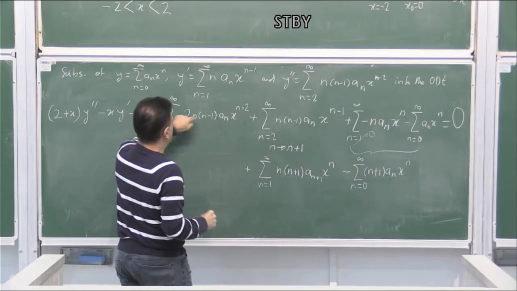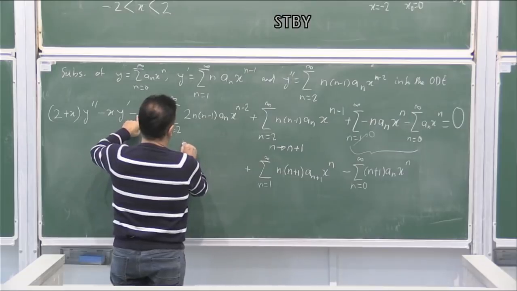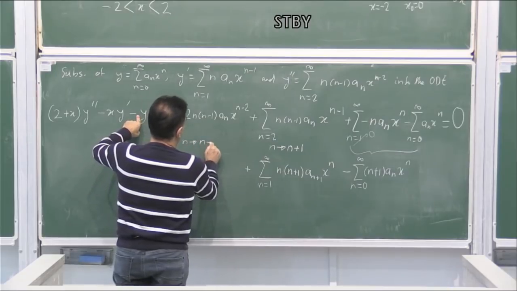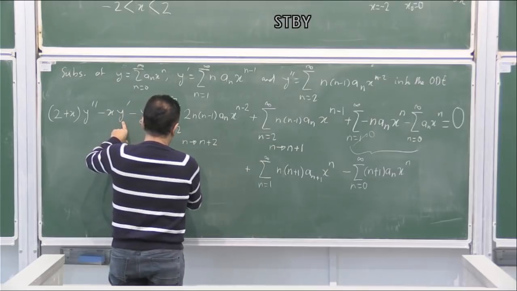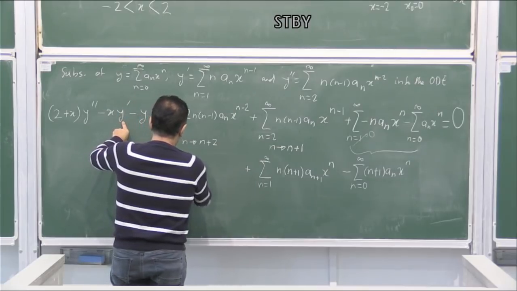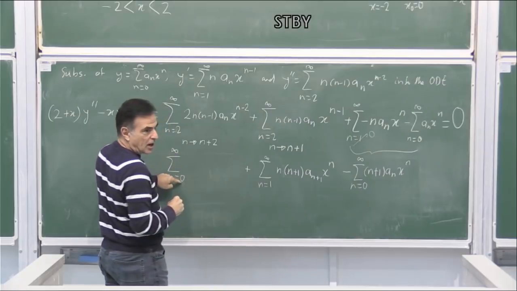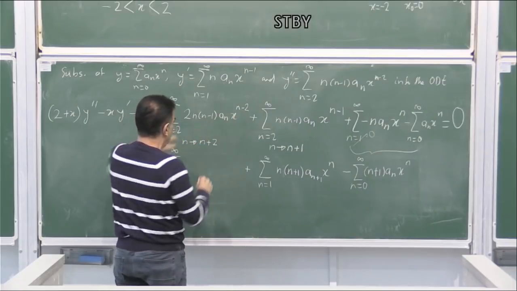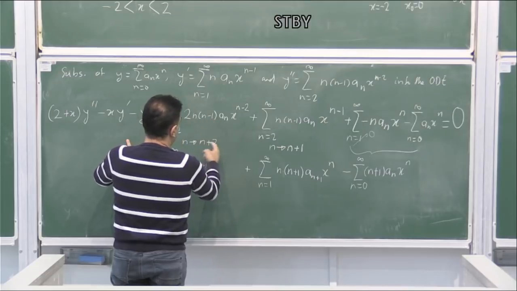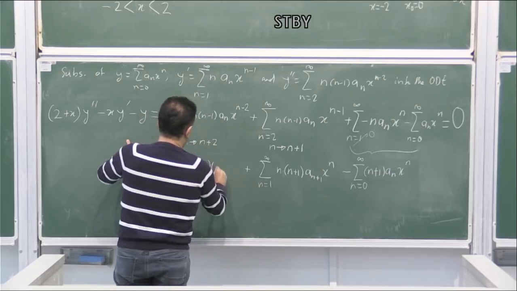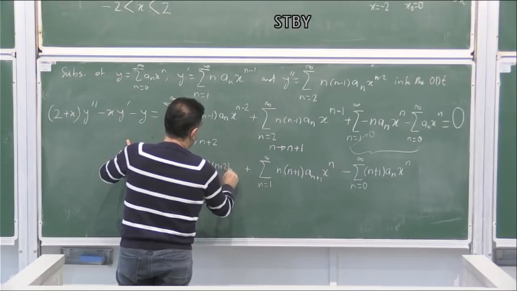And to write this series, I shift n to n plus 2. Therefore, the series will be started from 0 with the shifted index to n plus 1. N minus 1 becomes n plus 1. N is shifted to n plus 2.